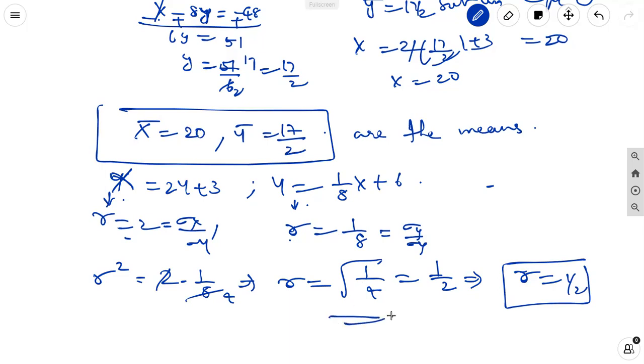These are the values from the given regression line equations, found by simply solving them.